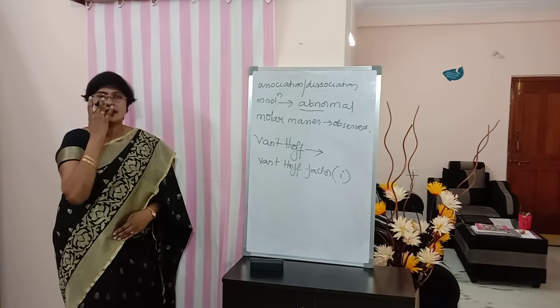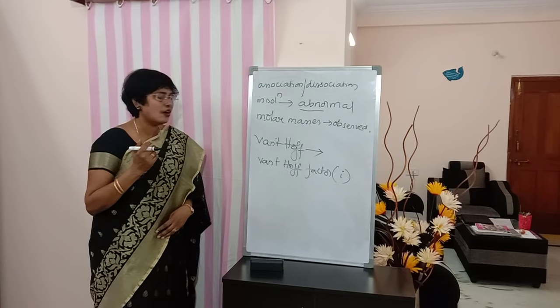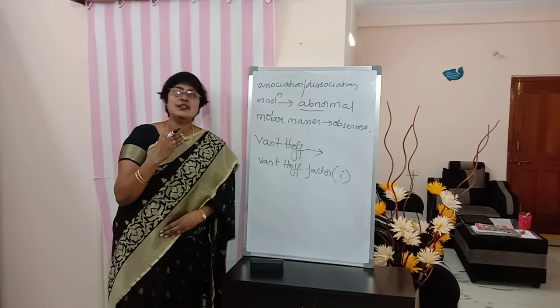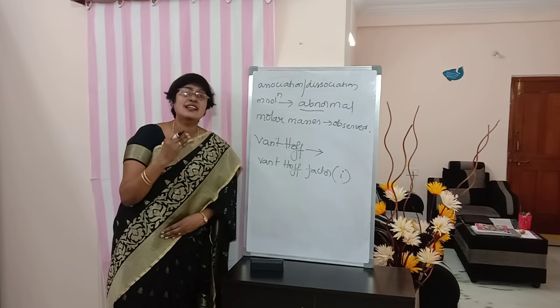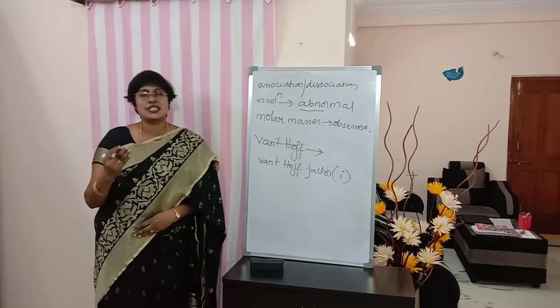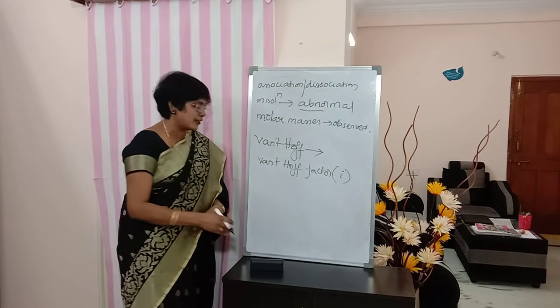In order to explain the abnormality, Van 't Hoff introduced the Van 't Hoff factor, denoted by the letter i, for association and dissociation of the solute. Now what is this i?